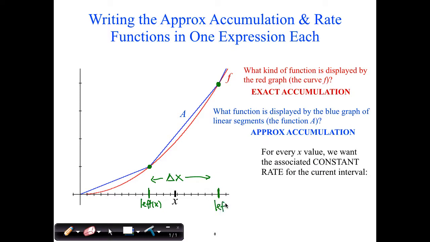So the interval that x is currently in, and that's the only one we're ever concerned about at a time to find a rate, would go from left of x to left of x plus delta x.